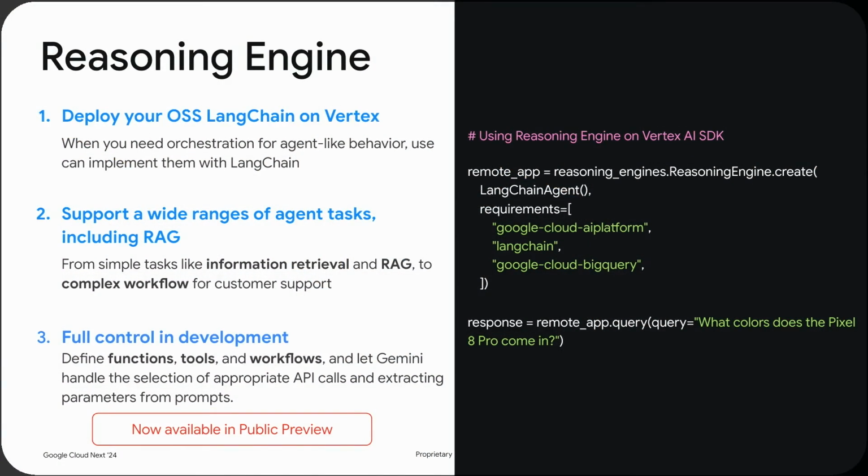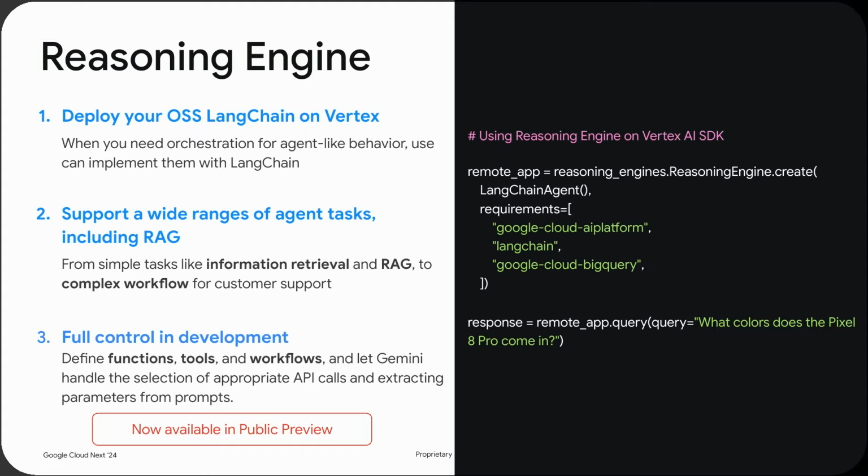With Reasoning Engine, you can deploy your own LangChain code very easily on Vertex to implement RAG applications, from simpler RAG applications all the way to more complex agent-like workflows for things like customer support. So basically, you define the functions, you define the tools in the workflow, and then Reasoning Engine, together with an LLM, will actually execute that LangChain code.